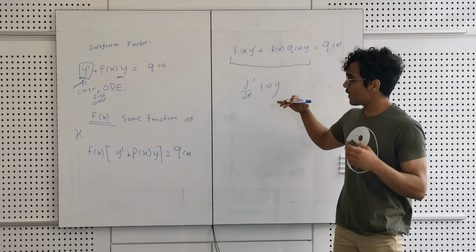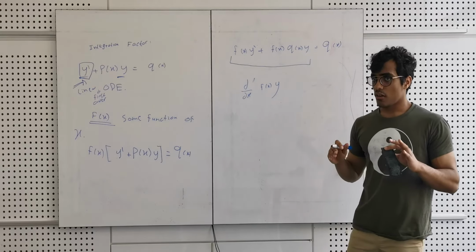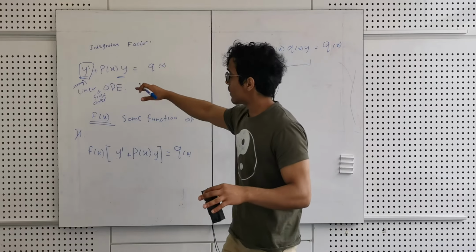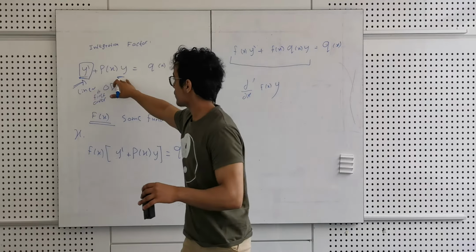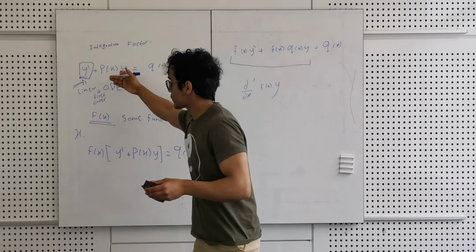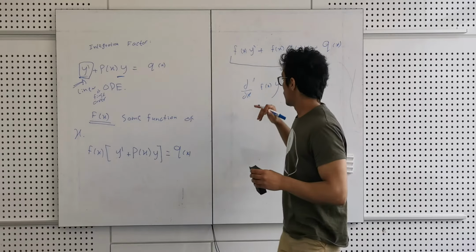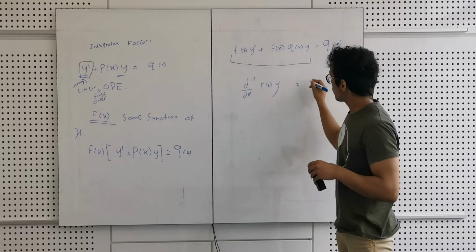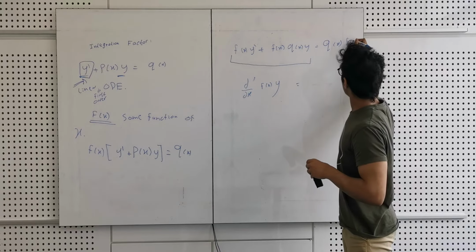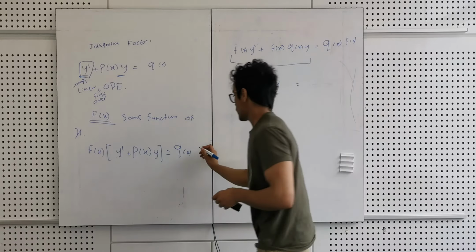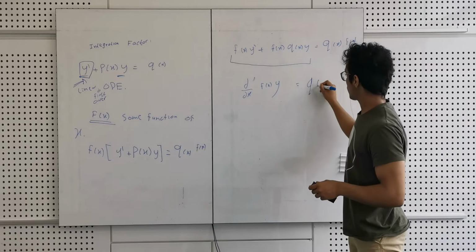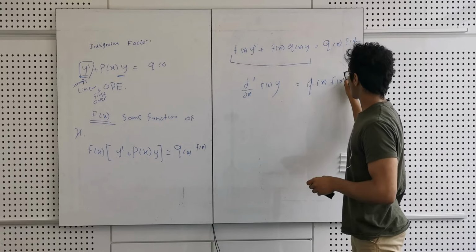So we want a function, let's call it f of x, that once we multiply it by the equation, will transform the left hand side into the following form. So here should be f of x, and here should be f of x. And the right hand side, we don't really care that much about it.